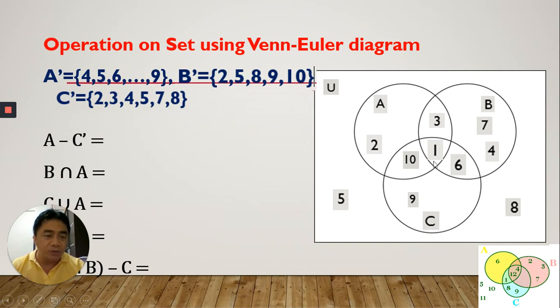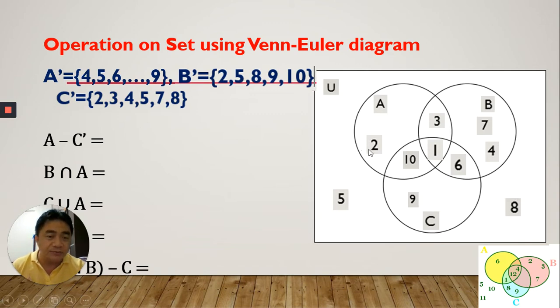Remember that A is this one, and C prime is all of the numbers outside C. But we are talking about the elements of A which are not present in C prime. Now, C prime are all these numbers 5, 2, 3, 7, 4, and 8, right?